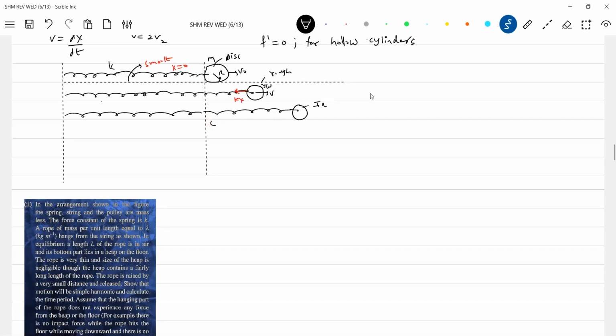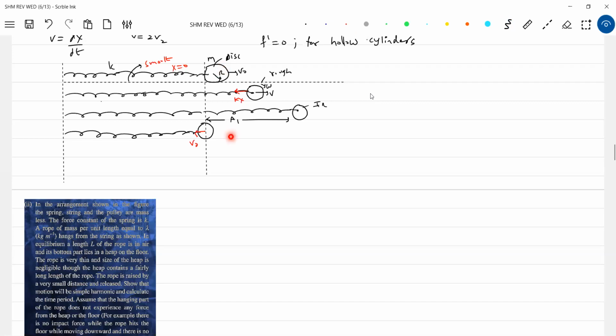Okay, let me explain everything here only. Then again, it will come back to the mean position. What will happen here? It will have V naught, and that's all, no?